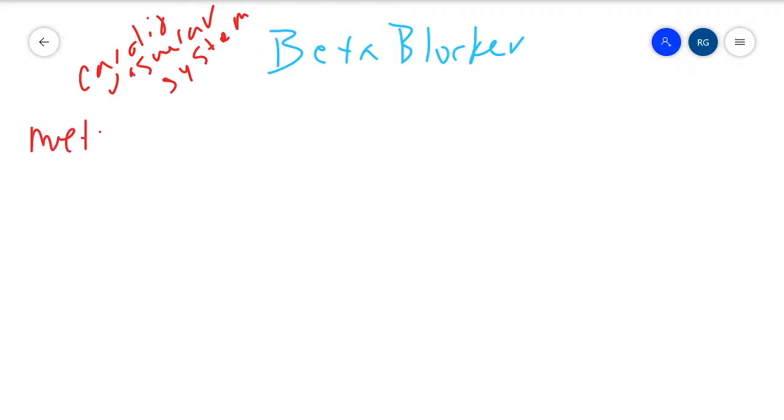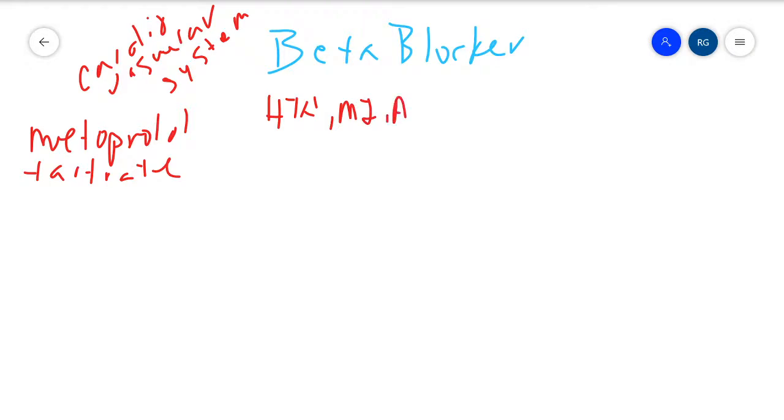And metoprolol, for the most part, just remember metoprolol for hypertension, myocardial infarction, angina.